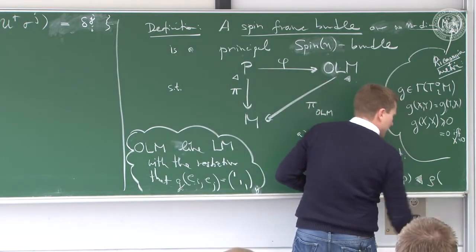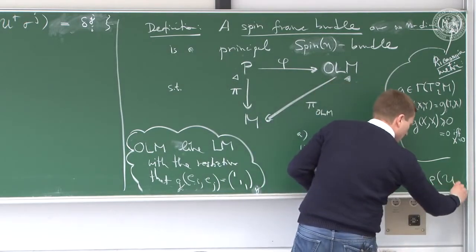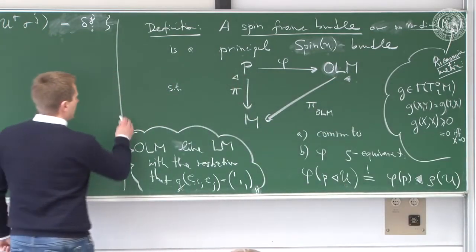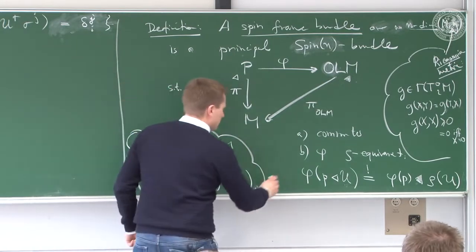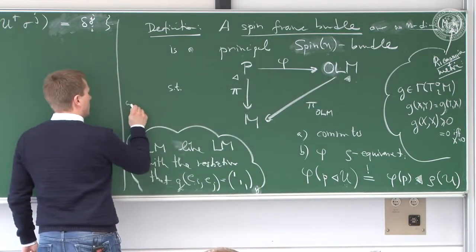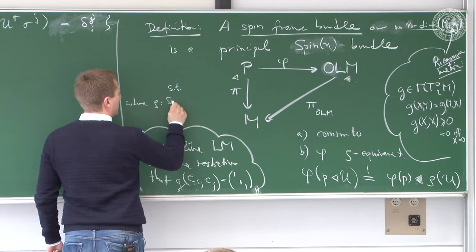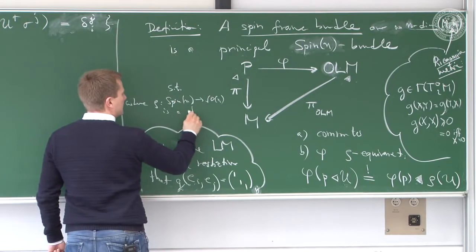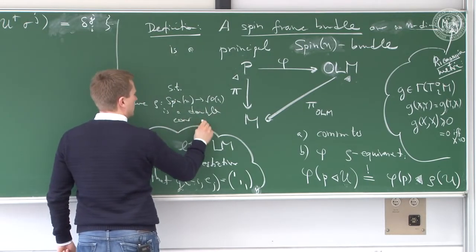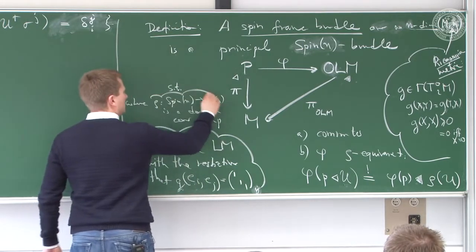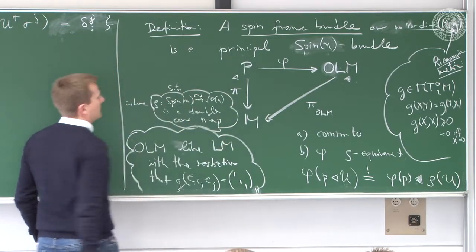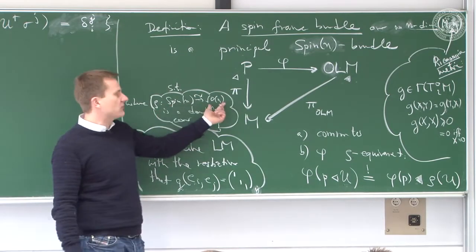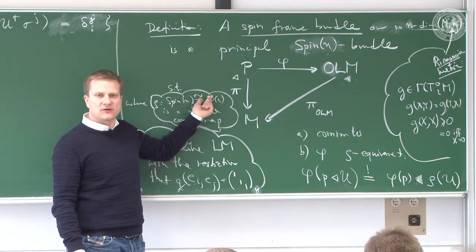Well, I need a double cover map rho that does the trick. So this is the case, where rho from Spin(n) to SO(n) is a double cover map. Well, that's exactly what we constructed before for the special case of SU(2) to SO(3).